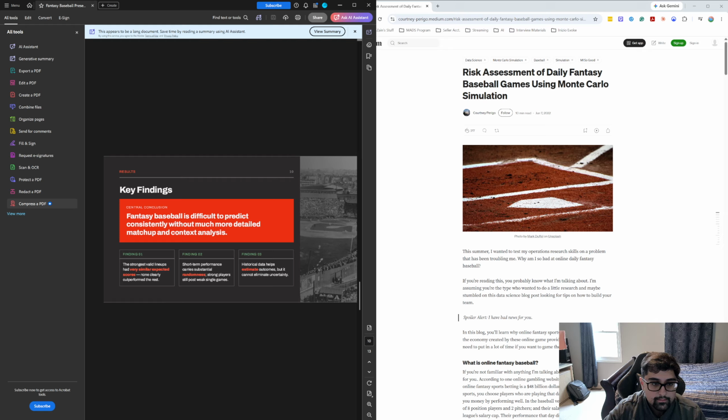So now let's discuss on a high level the key findings that I found. Baseball is difficult to predict consistently without a much more detailed matchup and context analysis. When we're looking at historical performances, we can somewhat predict how a player is going to perform, but short-term performance, like Courtney posited, carries a lot of substantial randomness.